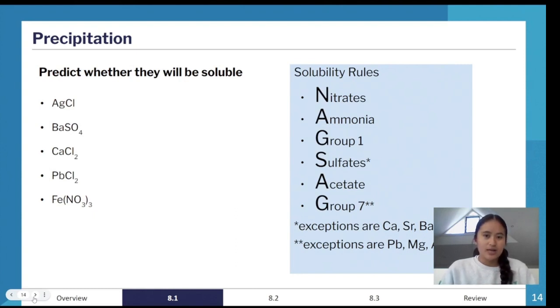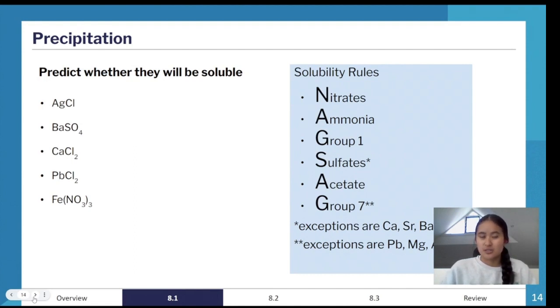Barium sulfate, I kind of said this before, but sulfates are all soluble except for when they're with calcium, strontium, or barium. This is with barium, so it's insoluble and will form a precipitate. Calcium chloride is a little bit tricky, because if you remember the exceptions but you get them mixed around, you might think that calcium, when with group 7, produces a precipitate, but it does not.